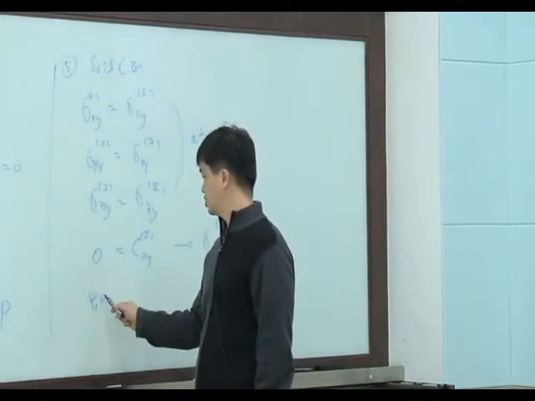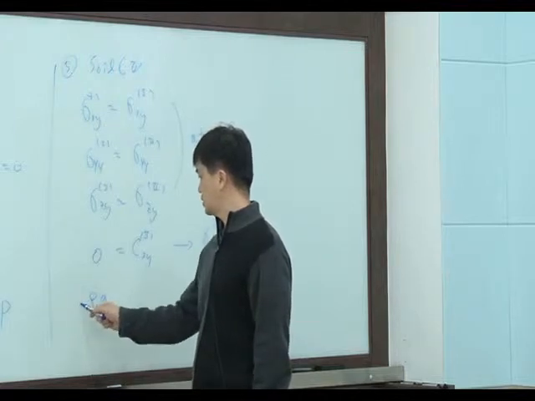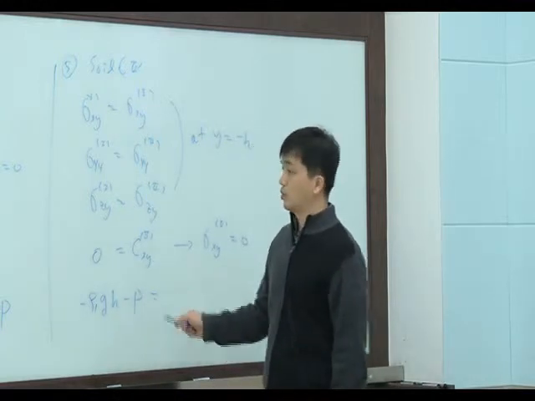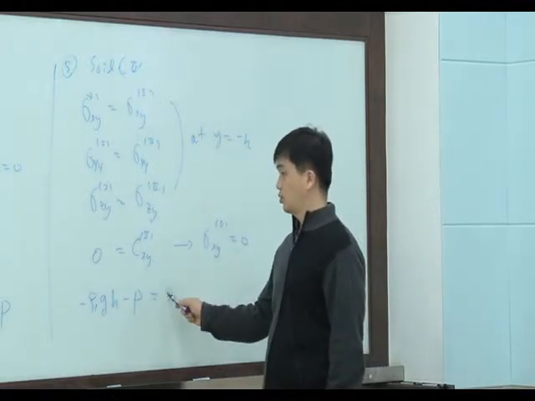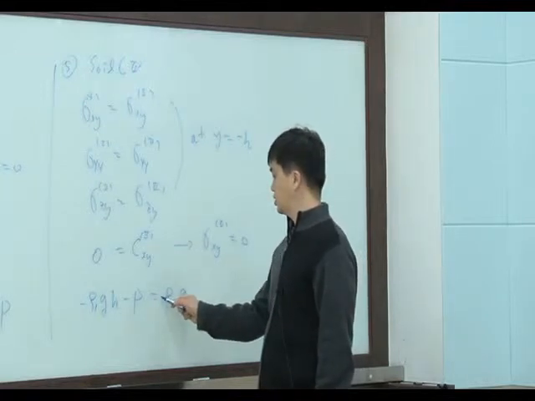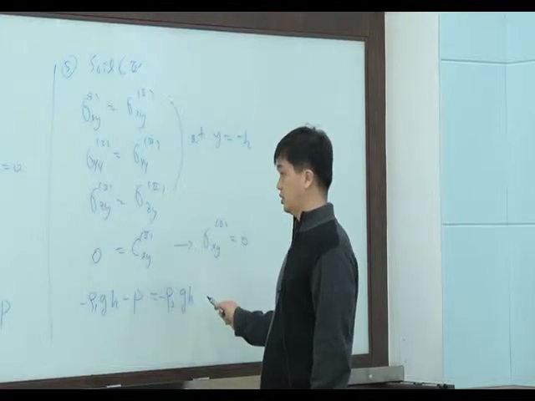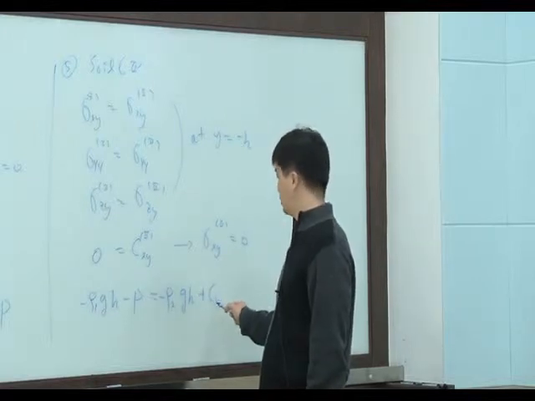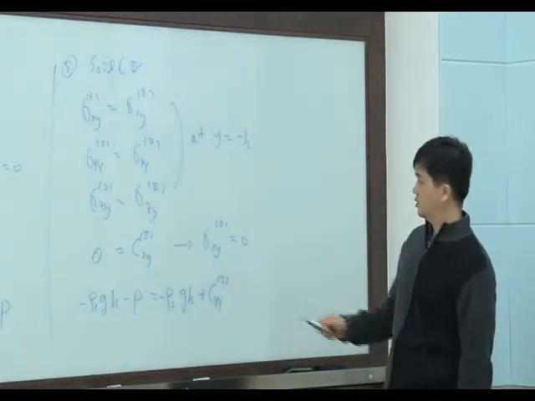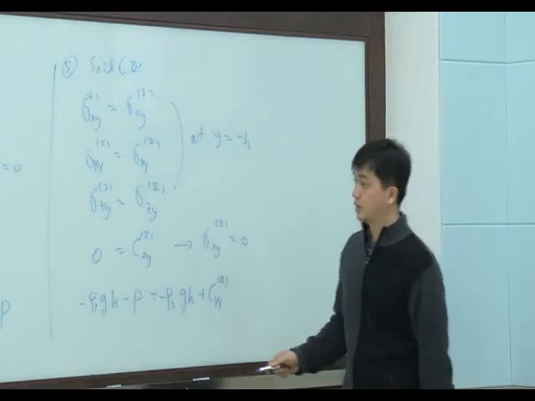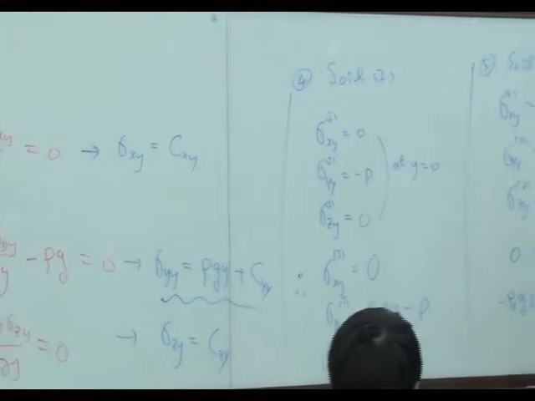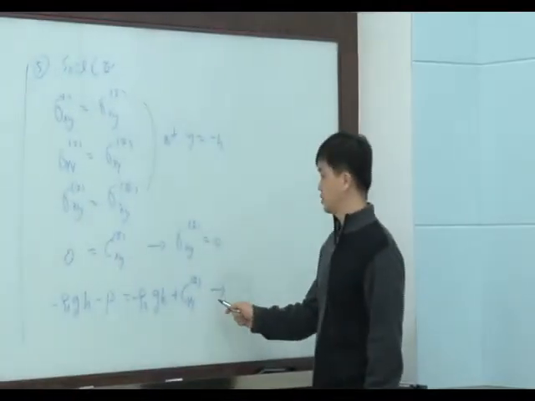Rho 1 g times minus h, minus p, equals rho 2 g times minus h plus c_yy2. You need to consider this equation. So we can find c_yy2 here.